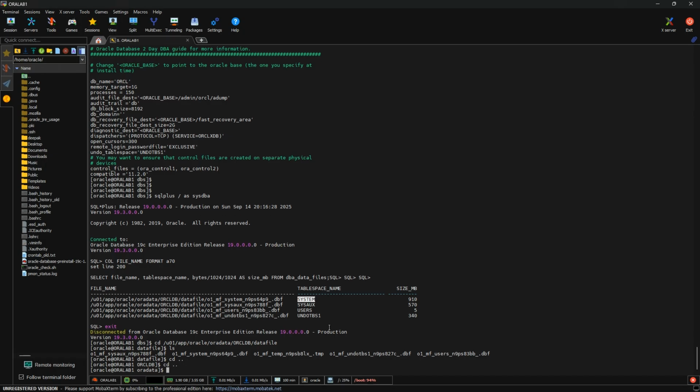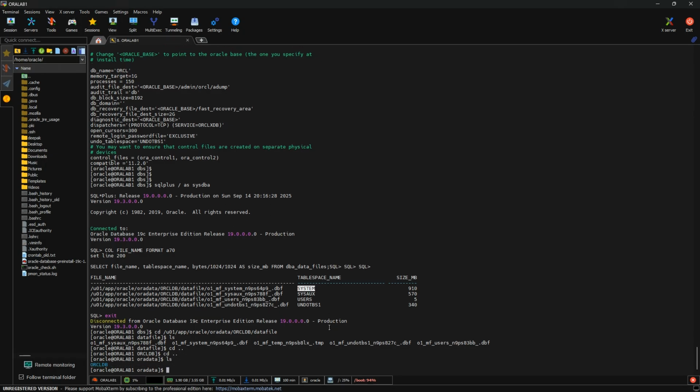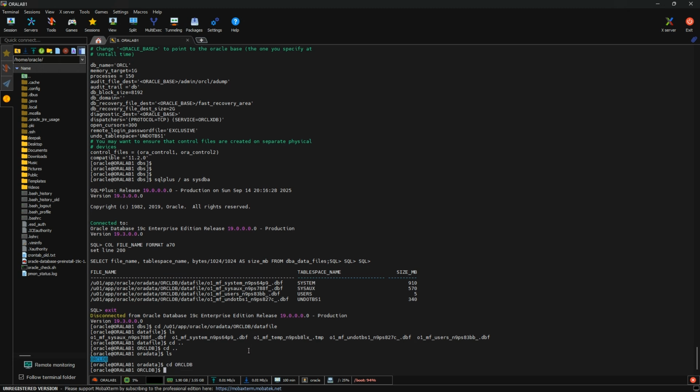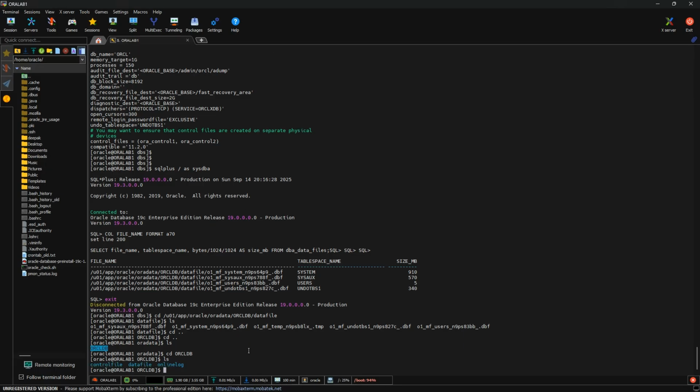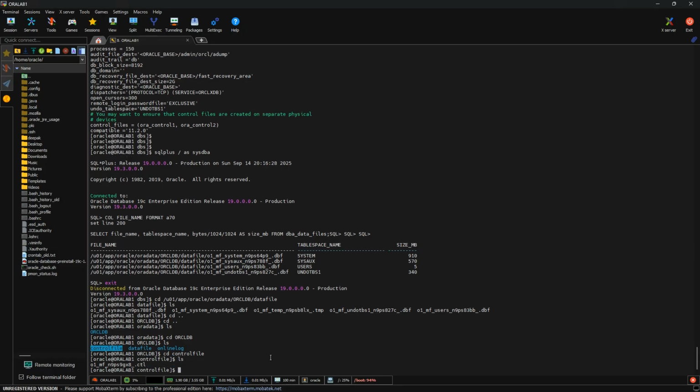Then cd, ls, oracle DB. You can see the control file, data files, online log files. You can see the control file here, with a .ctl extension. Your data files by default will have a .dbf extension.